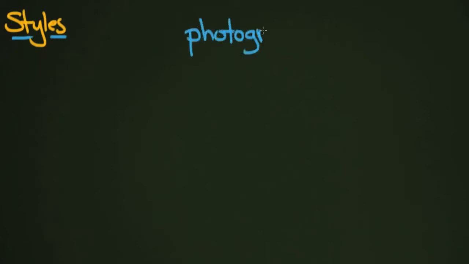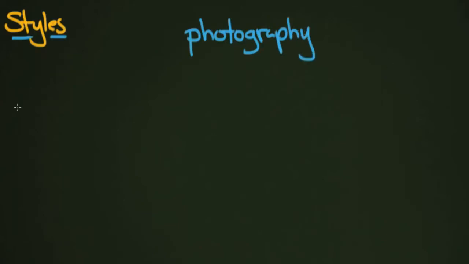So let's start out again. We're going to take a look here at styles. So styles of photography, and these have a lot to do with approach. Not necessarily maybe the look of the photo, but the actual way that the photograph is being made. And this is a really important distinction for you young photographers out there to understand, the difference between different types of photographers.